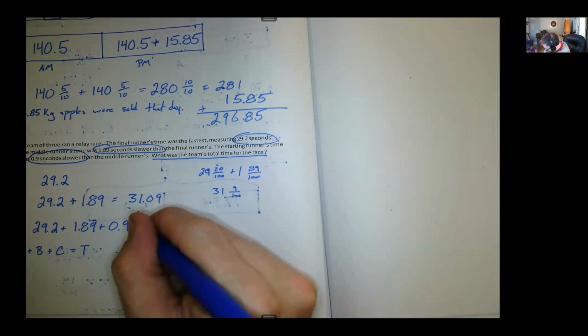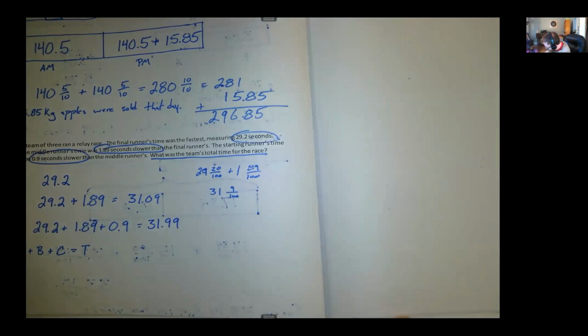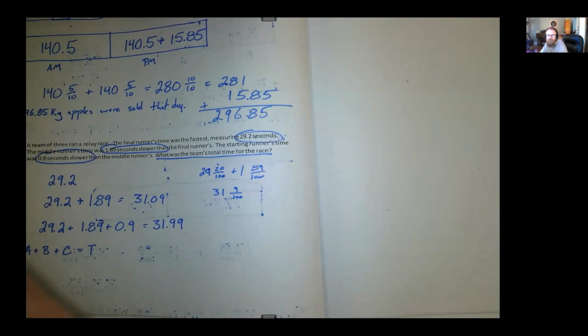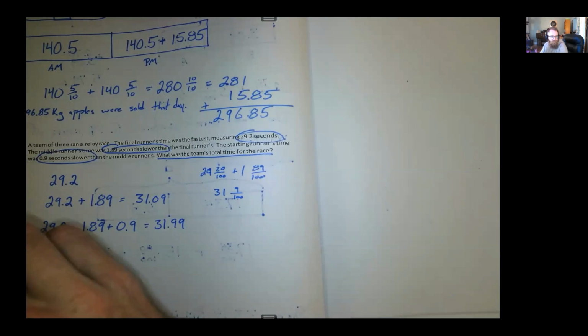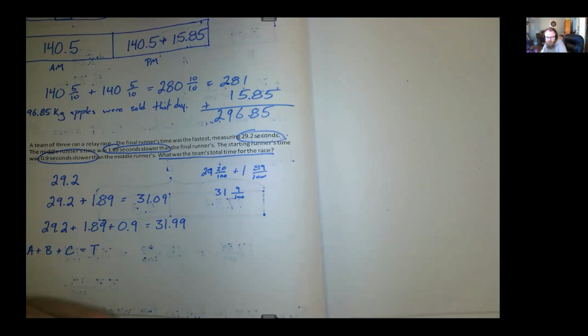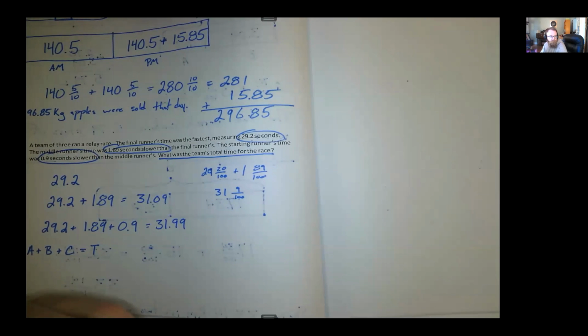That'll give us 31 99/100. So if we have these three values, all we have to do now is add them together. Easy.